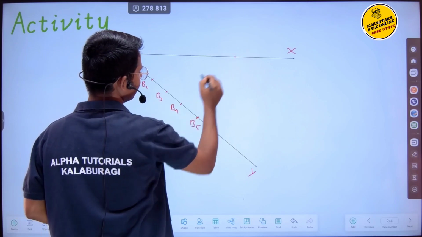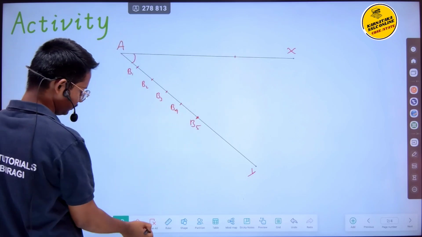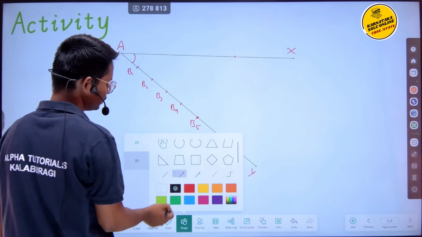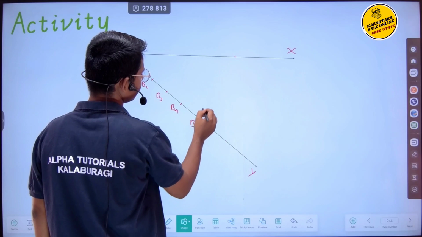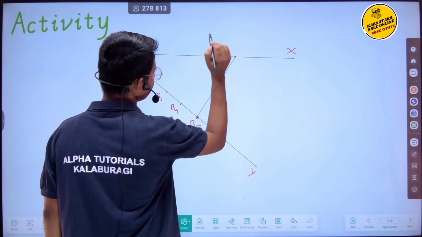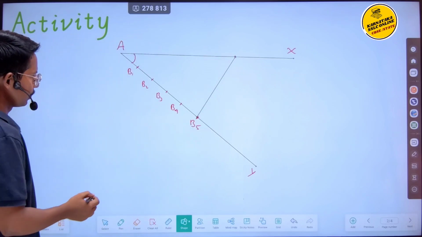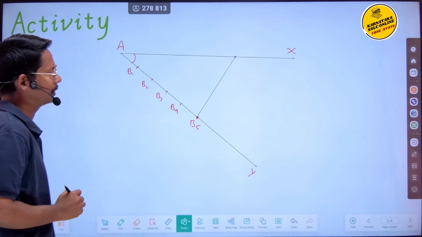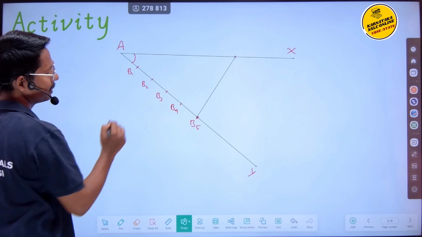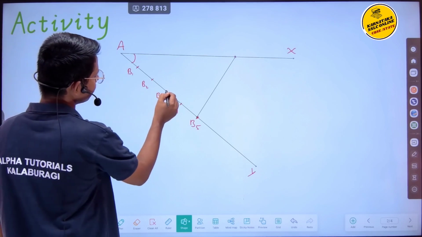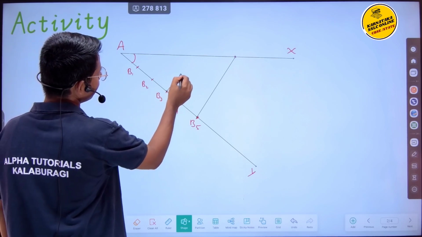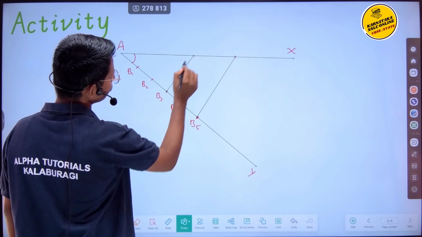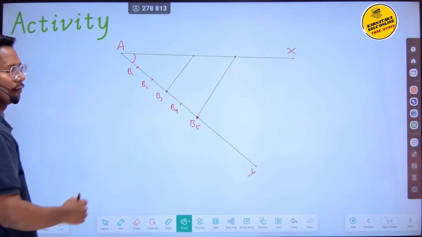Now you can join the point B5 to any point on the line AX. Suppose this is a point, and I'll join the line. Now I'll join one more line from, for example, B3 to any point on AX, but it should be parallel to the other one.